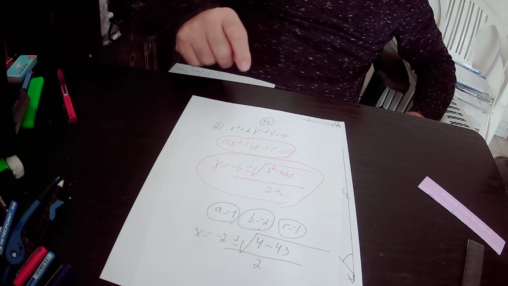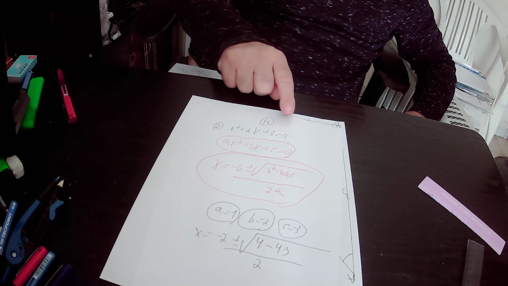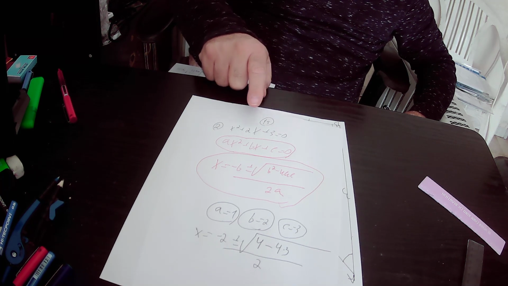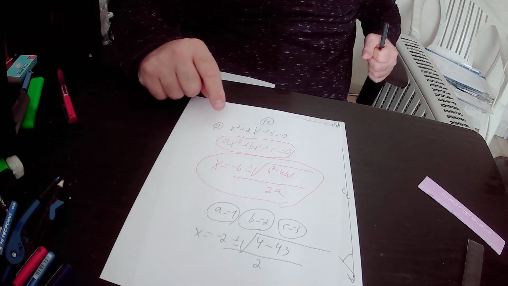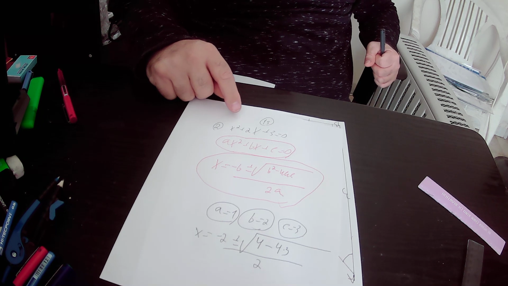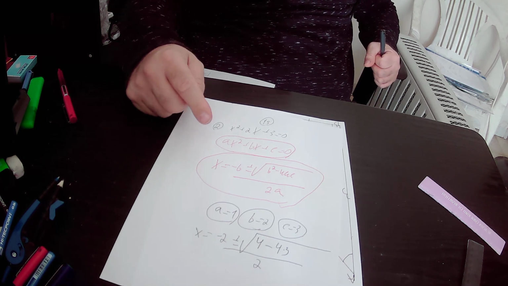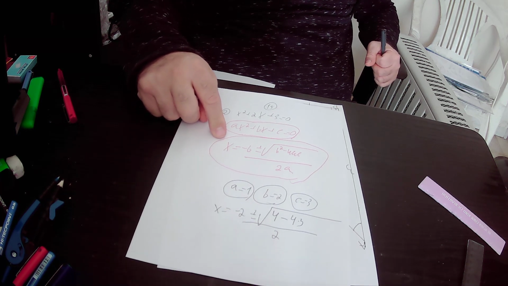We know that in our specific quadratic equation a equals 1, b equals 2, and c equals 3. So all that is left is to put the data into this formula to find the value of x.